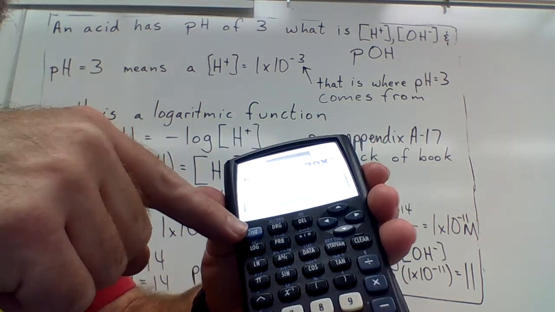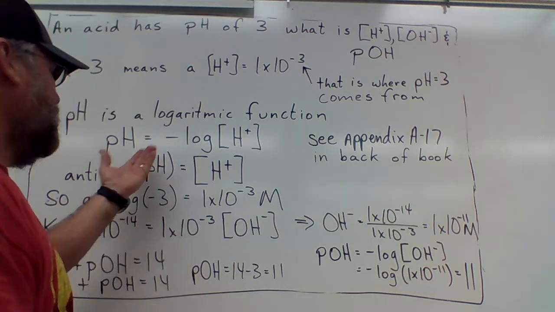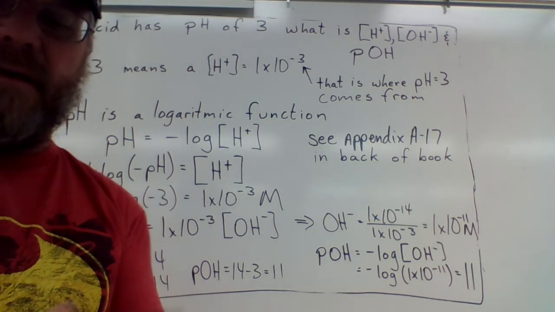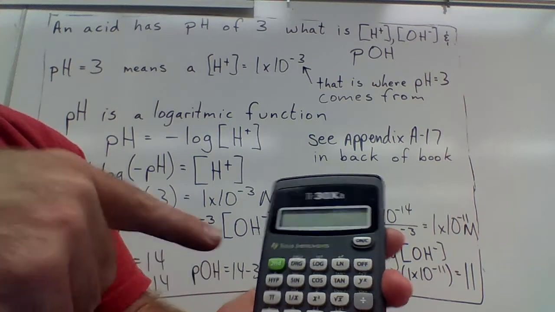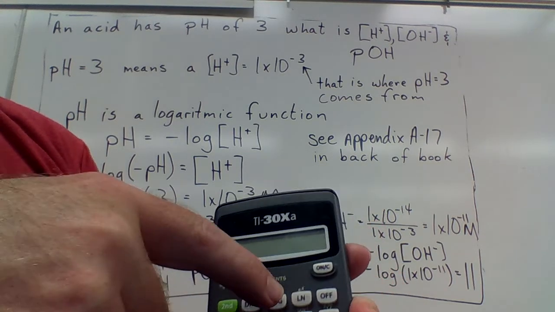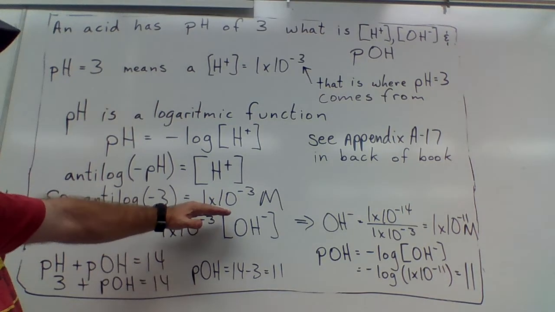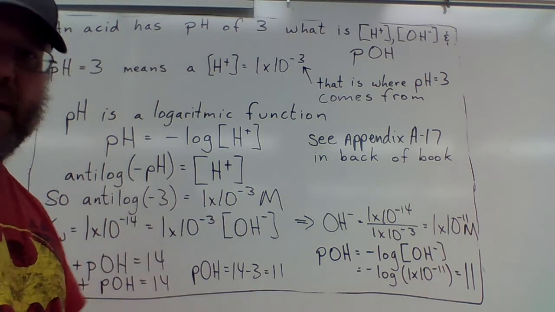So you go second and then log, and then plug in that negative 3. If it's this type of calculator or this type of calculator, you plug in negative 3, second, and then log. And that will give you this 1 times 10 to the minus 3. Okay, hopefully that makes sense so far.